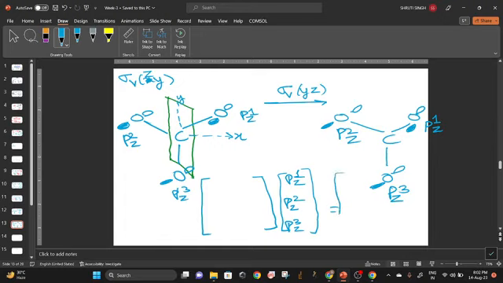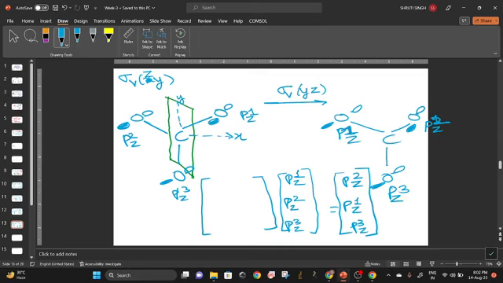Now PZ1 became, okay, I wrote it wrong. This is 2. PZ1 became PZ2 without change of sign. PZ2 became PZ1 without change of sign, and PZ3 remained PZ3.